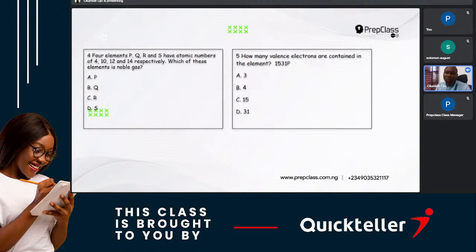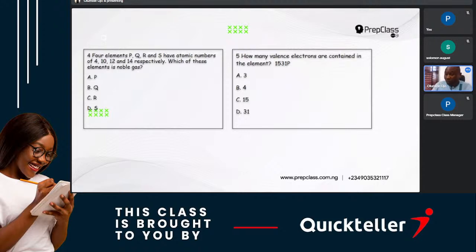Which of these elements is noble gas? Now, in the periodic table, we have group 1, 2, 3, 4, 5, 6, 7 to 8. The group 8 is a noble gas. Group 8, we call them noble gas because they don't react. They can either be called noble gas or inert gas because they don't react. Do you know the reason why they don't react?